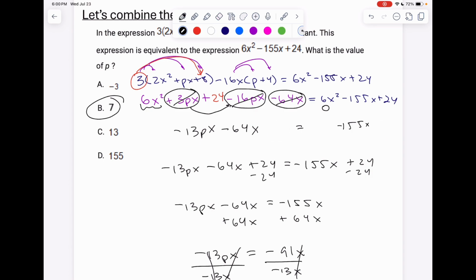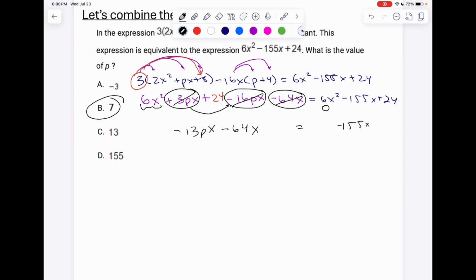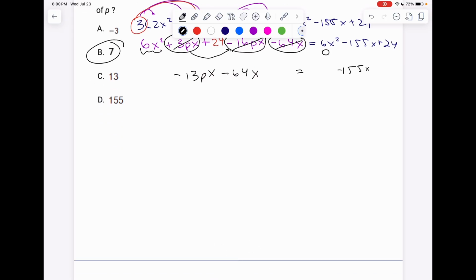And now we only have our linear terms left, meaning the terms that have the x to the 1 on them. If that's the case, I can go ahead and factor an x out of both of these and be left with negative 13p minus 64, quantity times x, minus 155x. I can divide the x's out at this time.